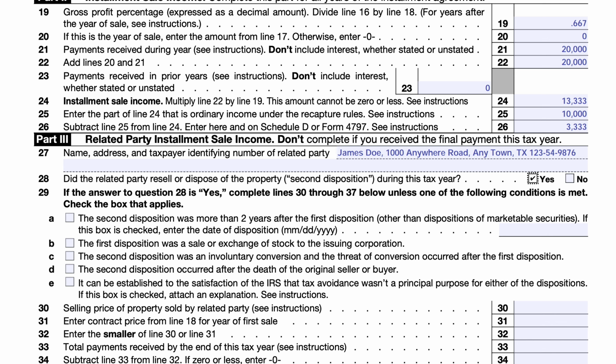So if there's a foreclosure, generally speaking, the IRS will apply that exception to the second disposition if it wasn't voluntary, like if Jim Doe had to sell it because he's being foreclosed upon, or if there's a bankruptcy.